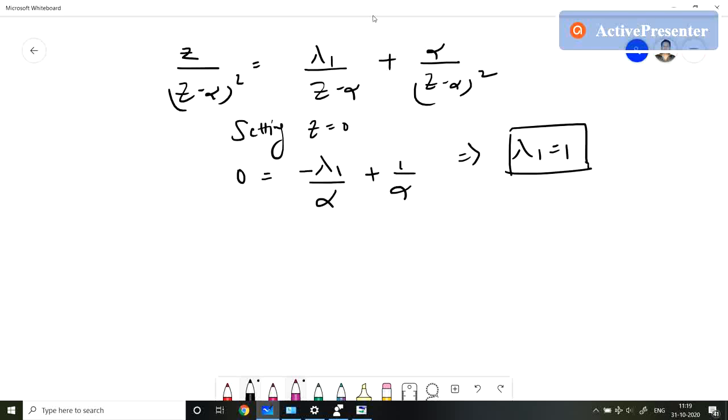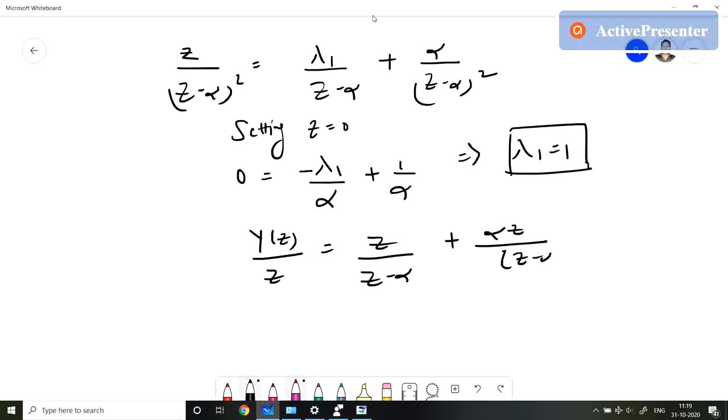Putting the values of lambda 1 and lambda 2 in Y(z) divided by z, we get Y(z) divided by z equals z divided by z minus alpha plus alpha z divided by (z minus alpha) whole square, and the ROC is modulus of z greater than alpha, because alpha equals beta. So the maximum value is alpha only.